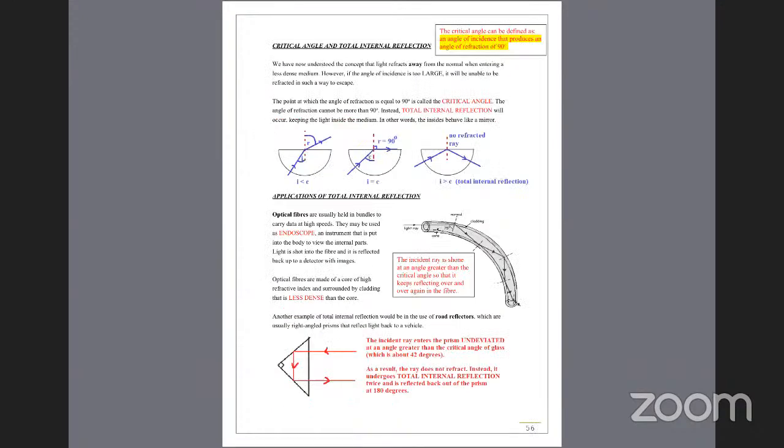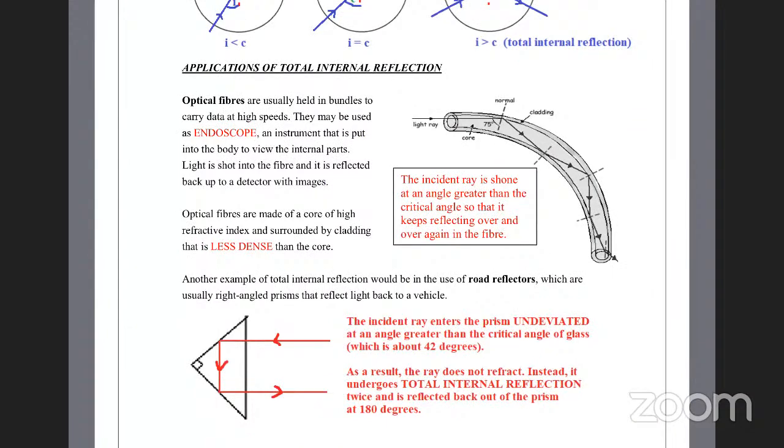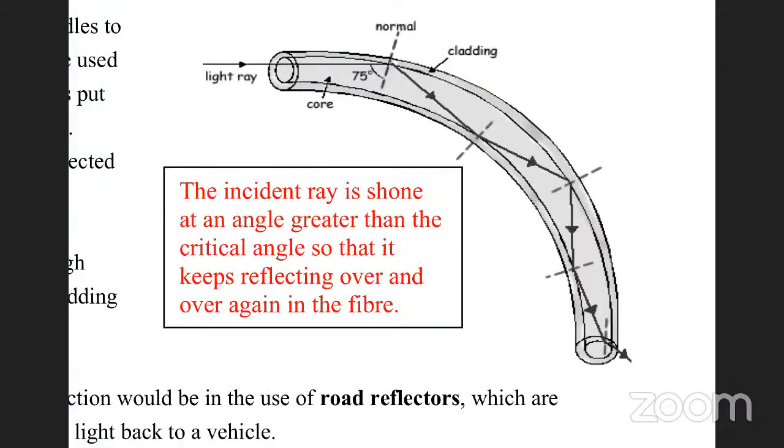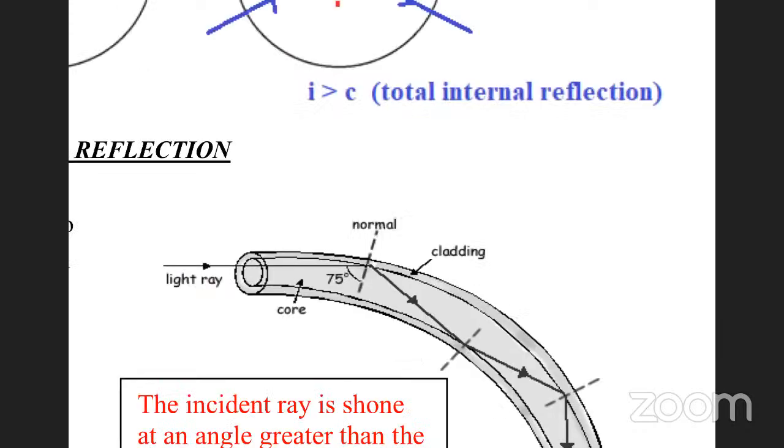Right. So quickly, some that we have to talk about. The optical fiber is a device that uses total internal reflection. So that's the way we keep the light rays in. Watch the light ray as it travels along the optical fiber.